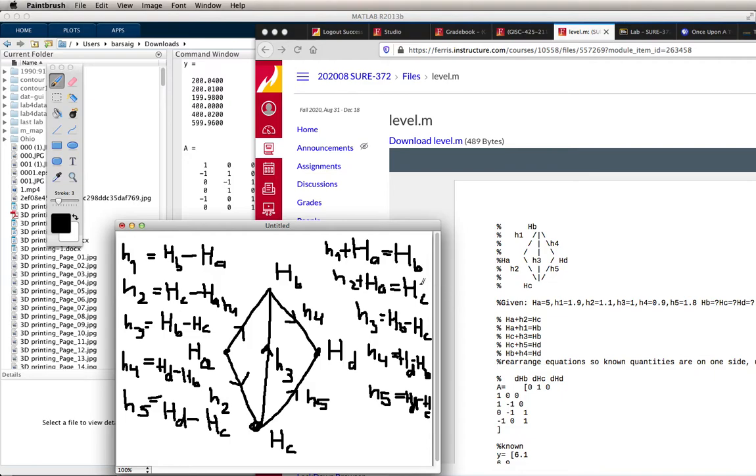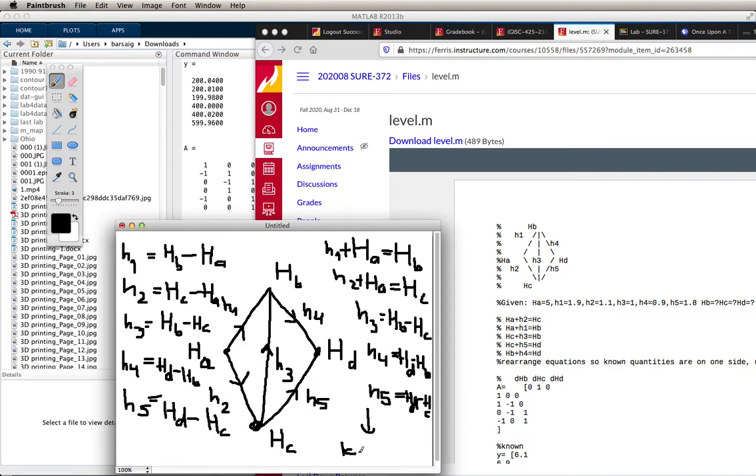So let's take a look at the first equation. So now we have rearranged them so the knowns are on one side.